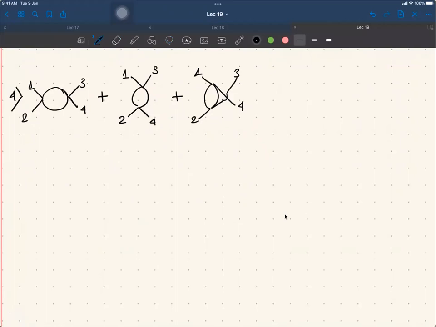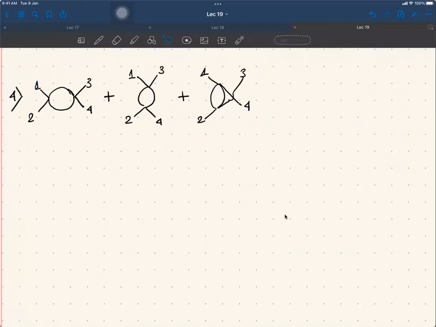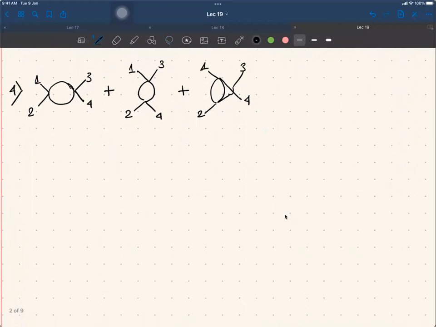That will be given by, if you go to where we calculated one fish diagram, you just have to change the external momentum accordingly, depending on which of these 3 diagrams you're considering.